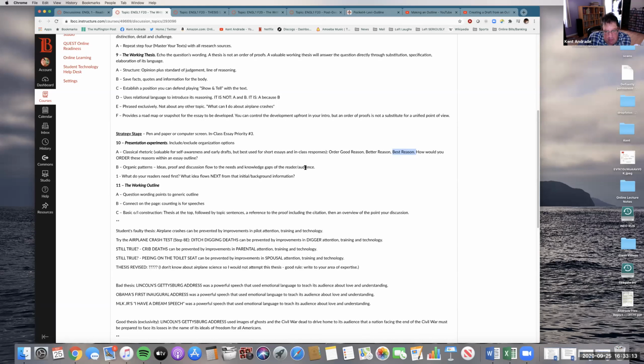In the outline, you're going to supply the best reason right after the intro, which would imply your readers are freshest and more attuned to your arguments early in an essay. Or you're going to do it before the conclusion, which would indicate readers remember what they last read. This is what the ancient Greeks argued. What do audiences notice, and when do they notice, and how do they respond?